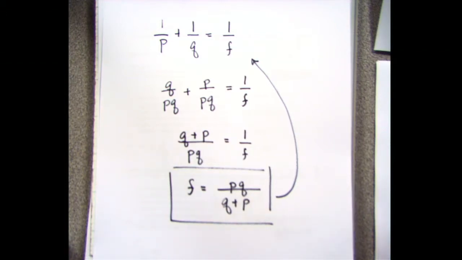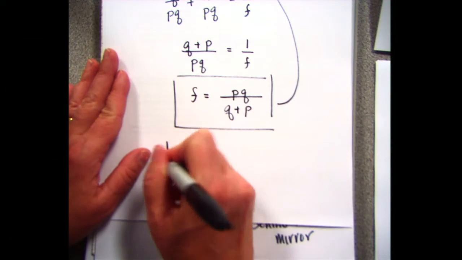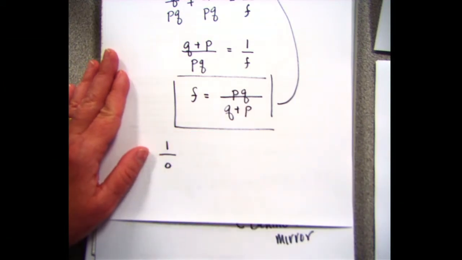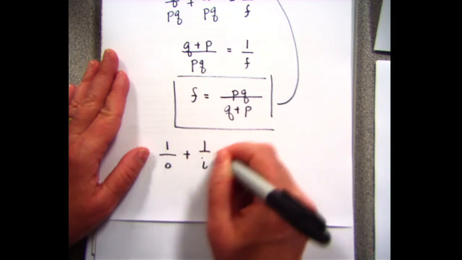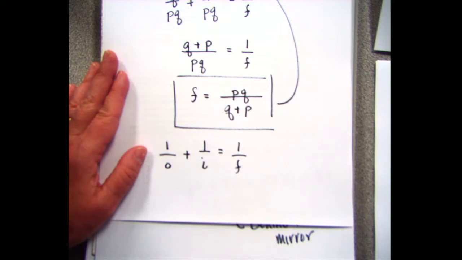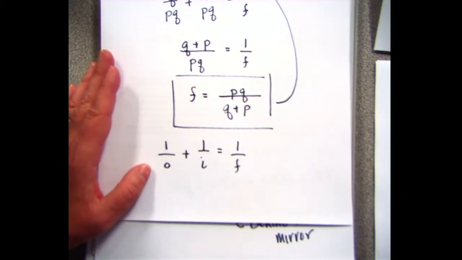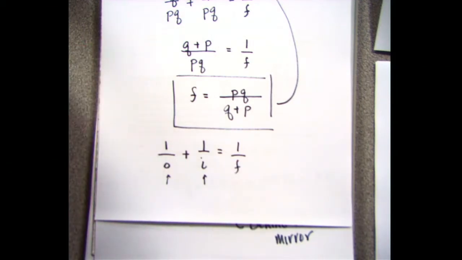There's also, just so you guys know, another convention that's out there. Some books will do this: 1 over O plus 1 over I is equal to F. That's kind of nice because you remember that that's the object and that's the image, and I don't have to remember what it is.